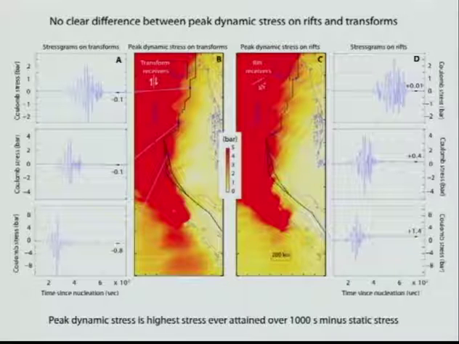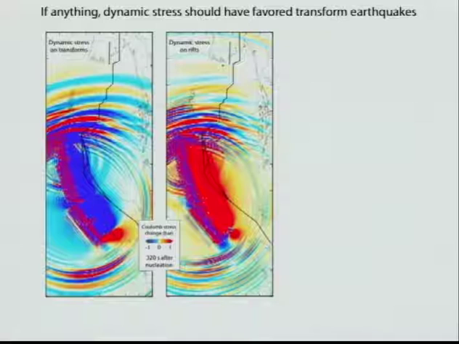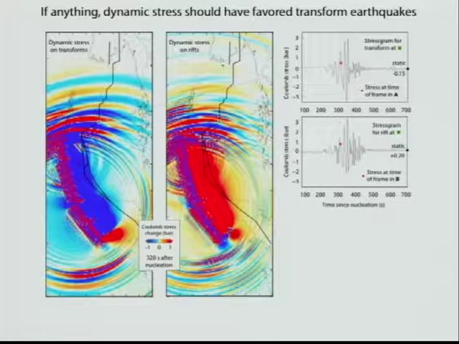We also took one junction point from the transforms, basically the junction of the transforms and the rifts, just right after the largest rift section, because we want to compare why we are not seeing any difference. So here are the stress grams. What you notice is the stress grams still look very similar.